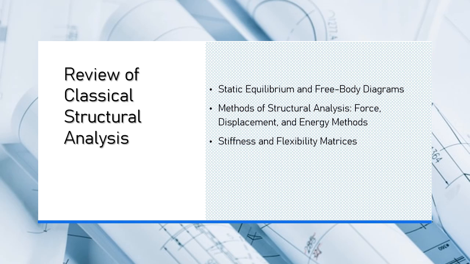Using the stiffness matrix and external load vector, the displacements are solved by solving the system of equations. 5. Calculate internal forces. Once the displacements are known, internal forces, such as shear forces, bending moments, and axial forces, can be calculated by using the structure's material properties and geometry.